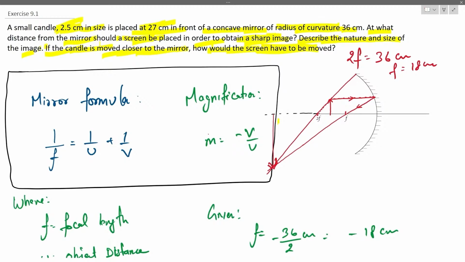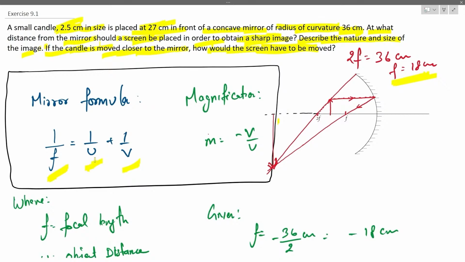We can use the mirror formula over here, which is given by 1 by f equals 1 by u plus 1 by v, where f is the focal length, u is the object distance and v is the image distance. The focal length of this mirror is 36 centimeter by 2, so we get the focal length as 18 centimeter.